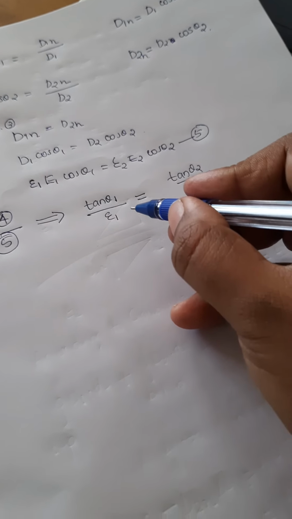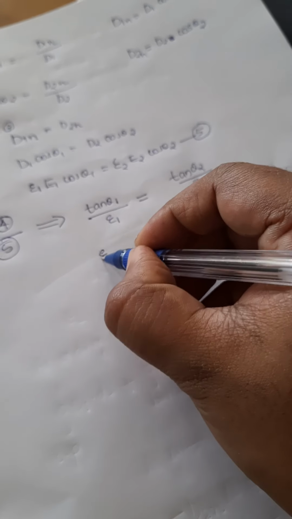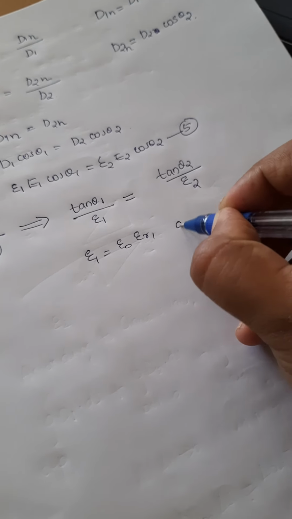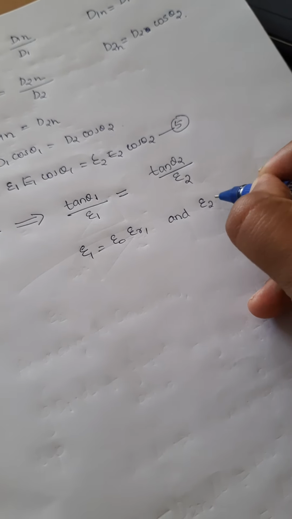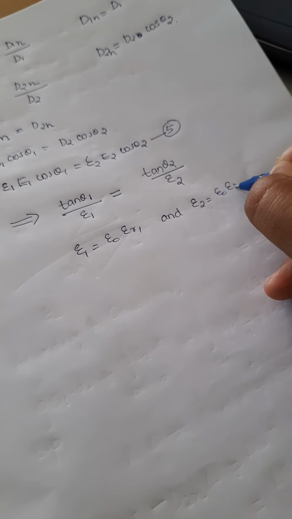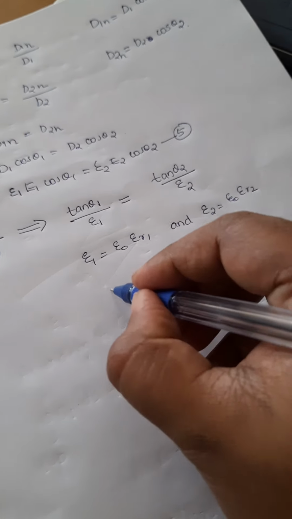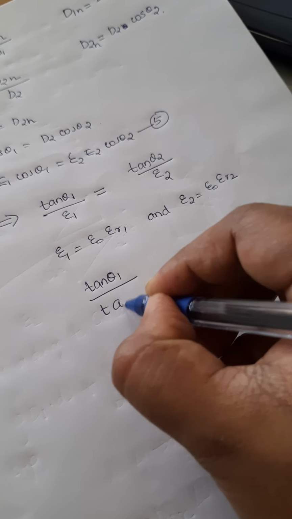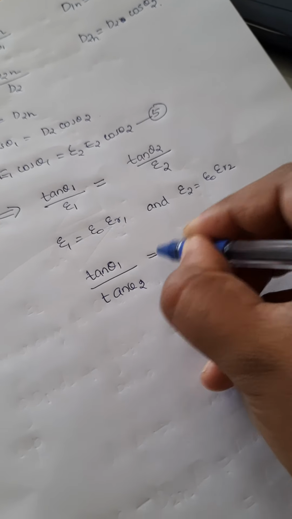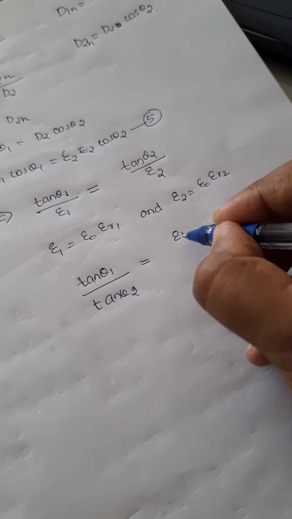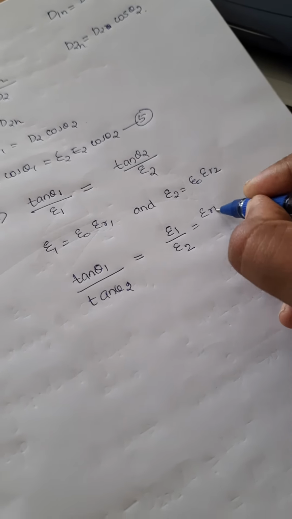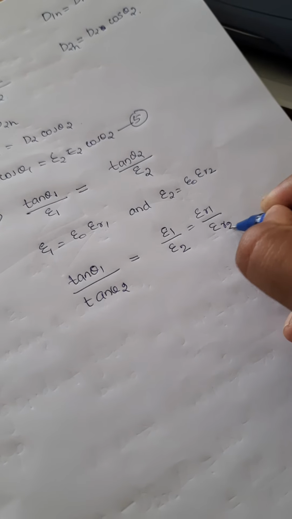Or we can write epsilon 1 is equal to epsilon 0 epsilon r1 and epsilon 2 is equal to epsilon 0 epsilon r2. So we can write tan theta 1 by tan theta 2 will be equal to epsilon 1 by epsilon 2, or epsilon r1 by epsilon r2.